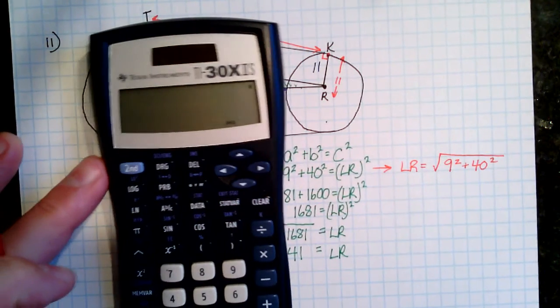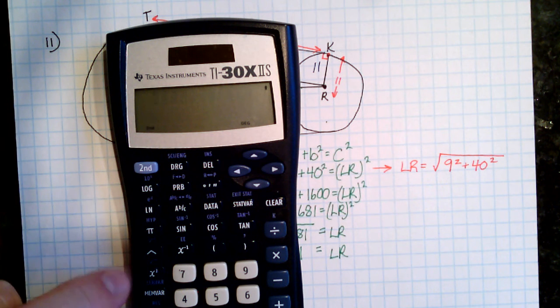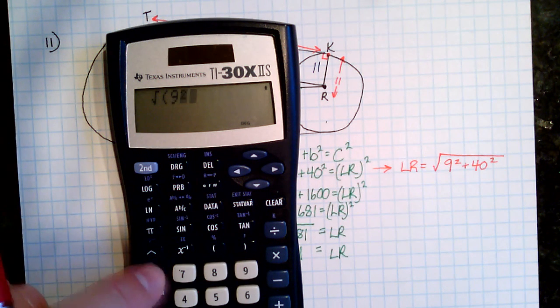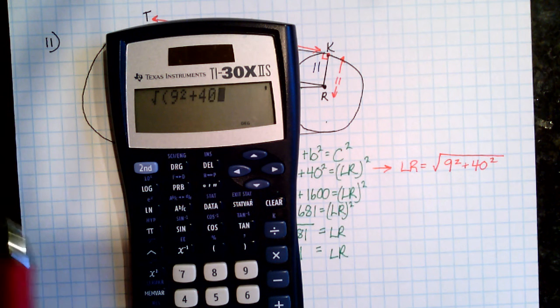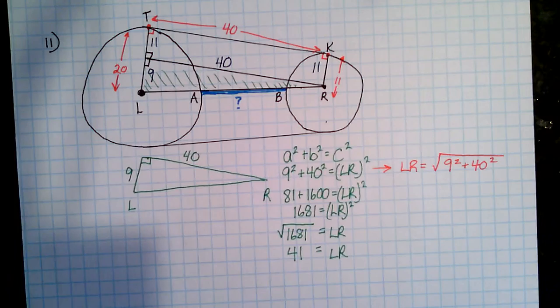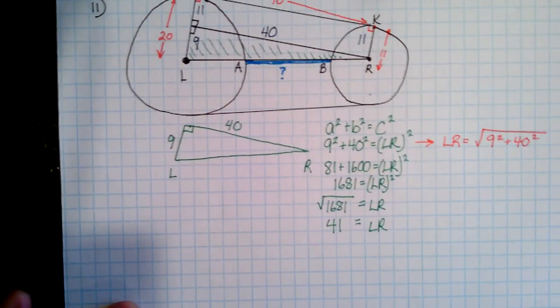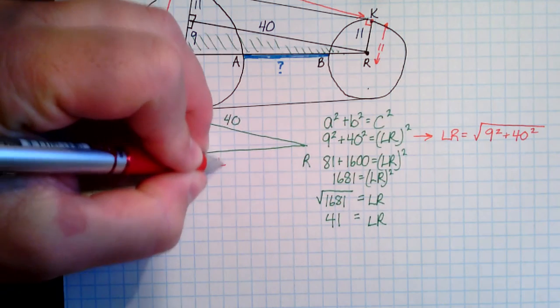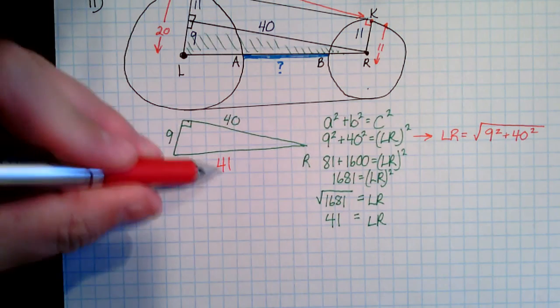So if I were to punch that in my calculator in one step, square root of 9 squared plus 40 squared, close my parentheses, get the same result. Save you some time on things like SAT and the like. So the distance between L and R is 41.